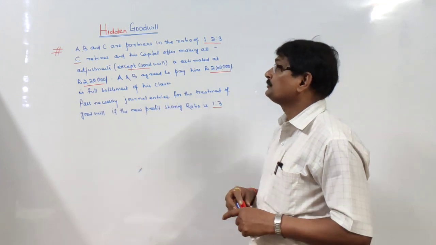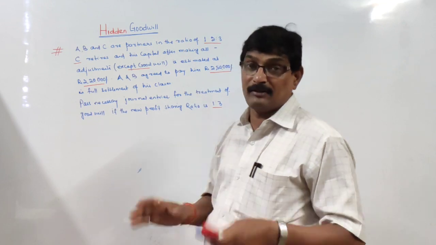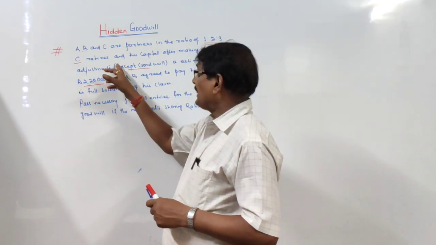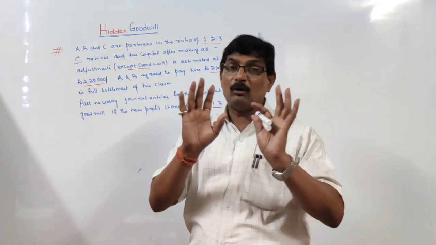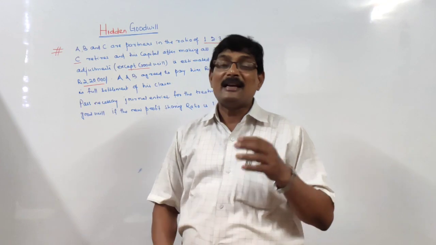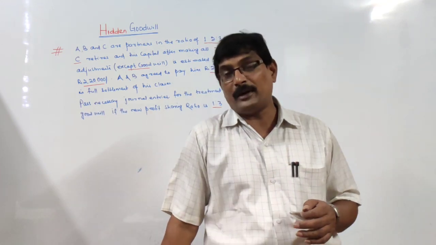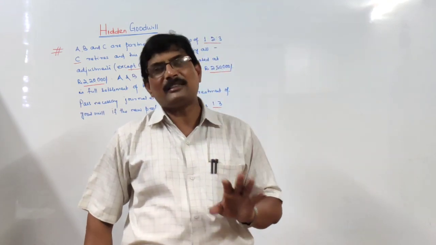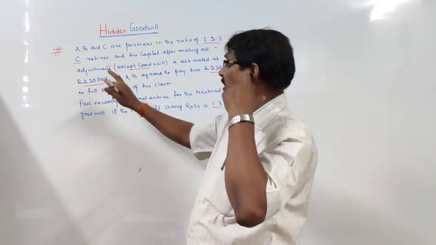A, B, C are partners in the ratio 1:2:3. C retires, and when he retires, his capital, after making all adjustments such as general reserve, accrued reserves and profits, revaluation profit and losses, and other adjustments, is estimated at 2,20,000 rupees.